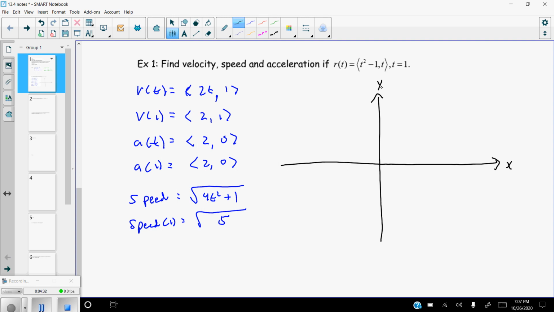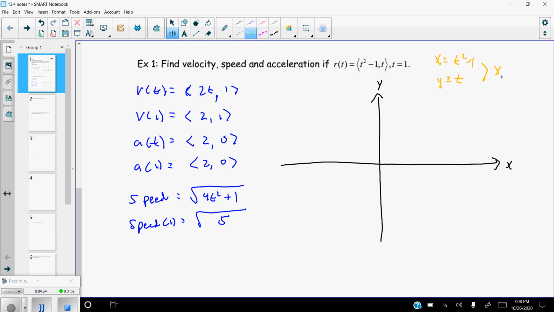So let's go ahead and see if we can graph this. Well, we can graph this by basically changing t squared minus 1 and t into terms of x and y. So if we do that, x is going to be t squared minus 1 and y is t. But if y is t, I can plug y back into the x equation.